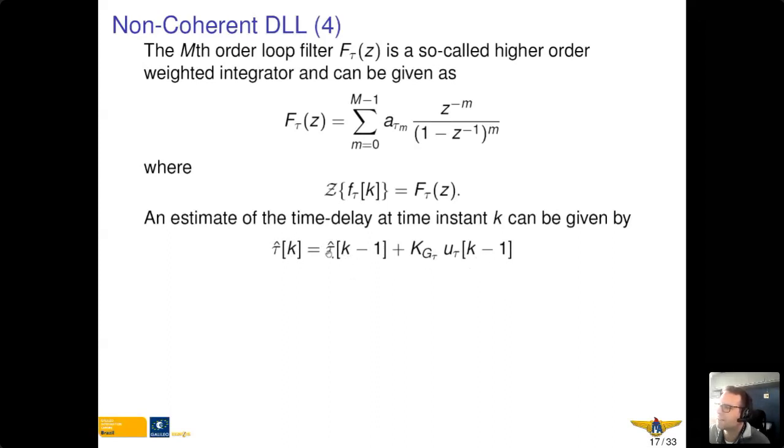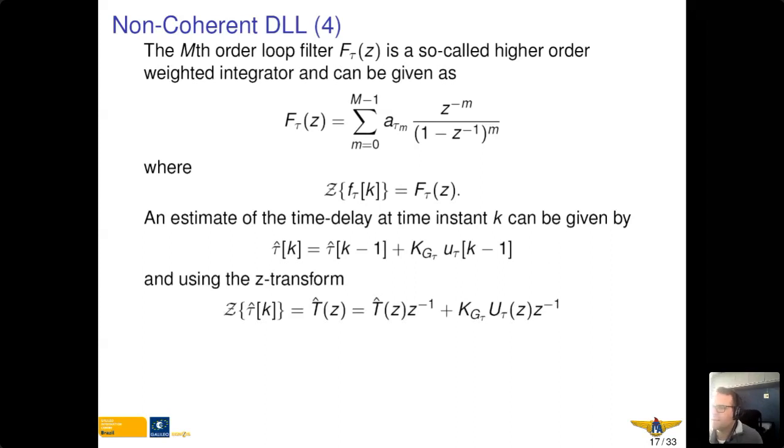So for the time delay estimation, we have the previous time delay estimate at k minus 1, plus this integrator gain times the input to the integrator. And then using the Z transform for this, we can write this.